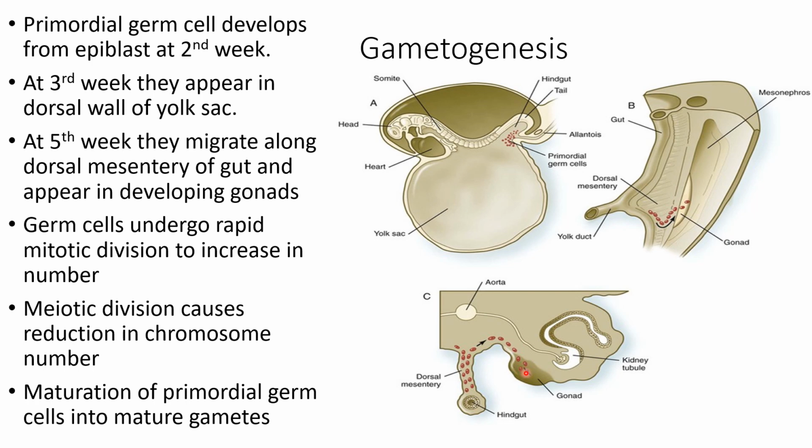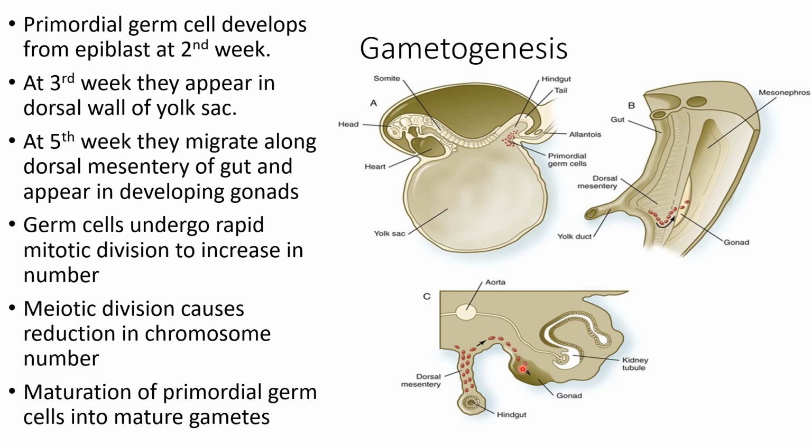As they undergo mitotic division, there is rapid increase in the number of the germ cells. It is followed by meiotic division. The first meiotic division is reduction division, so it causes reduction in the number of chromosomes, so that now the cells will have haploid number of chromosomes.